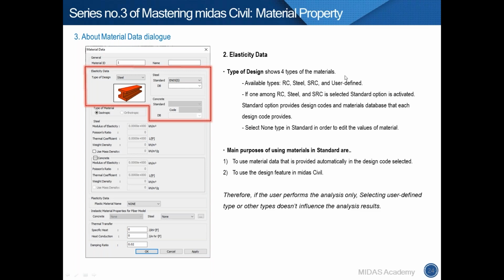So if we select steel, RC and SRC, we can select a material data in the selected design code, and also we are able to use the mechanical properties that are imported automatically. So these are the mechanical properties, and then we can find the none in the database. If we select none, we can modify the value of mechanical properties.